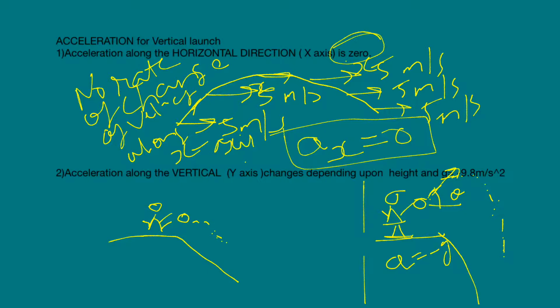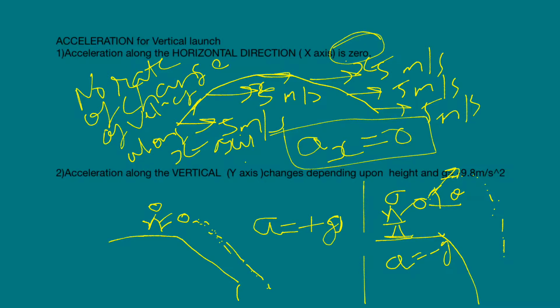It is falling towards the gravity automatically because he is dropping the ball; he is not throwing upward or downward. So it is moving towards the gravitational force. When it is moving towards the gravitational force, you have to consider a as plus g. So this is very important. You should remember this well.